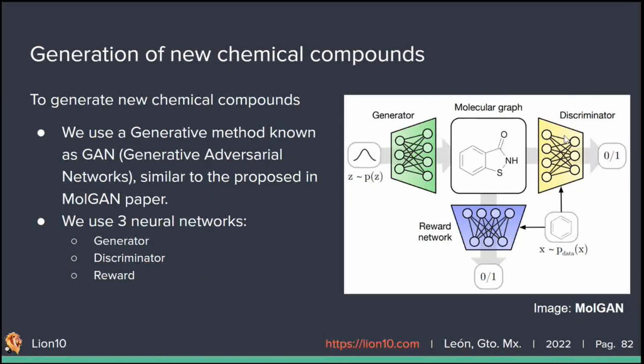So this discriminator is going to generate a score, so to speak. It's going to provide a score based on how well this graph was generated. And based on that, the generator is going to adjust its model, as we talked about during the training phase.